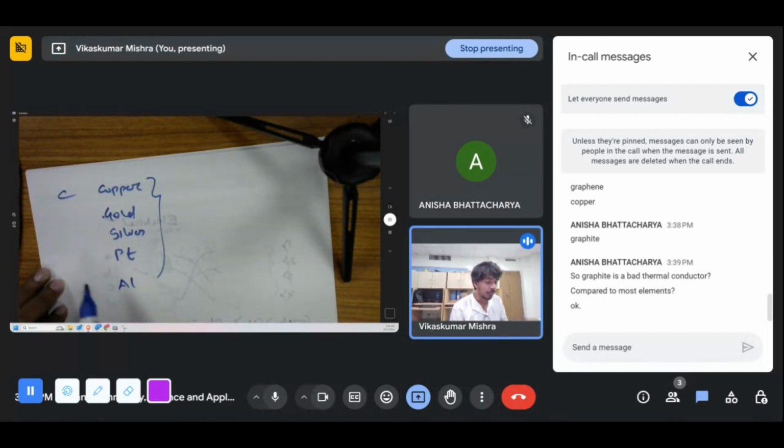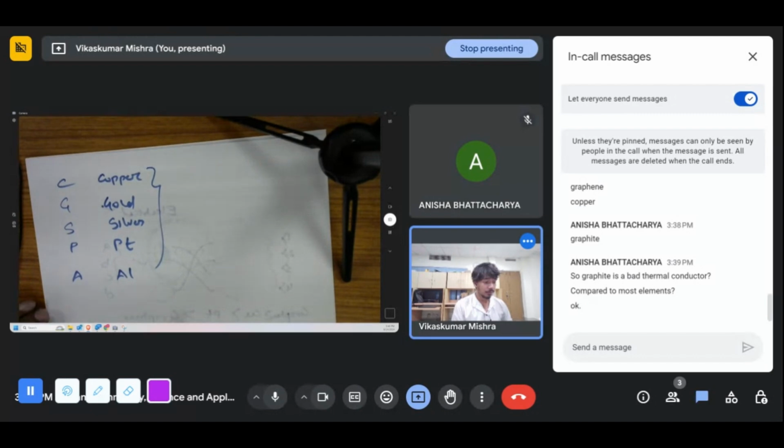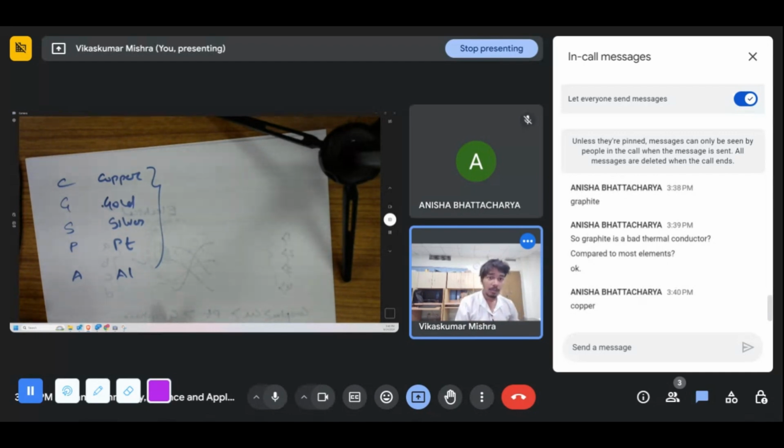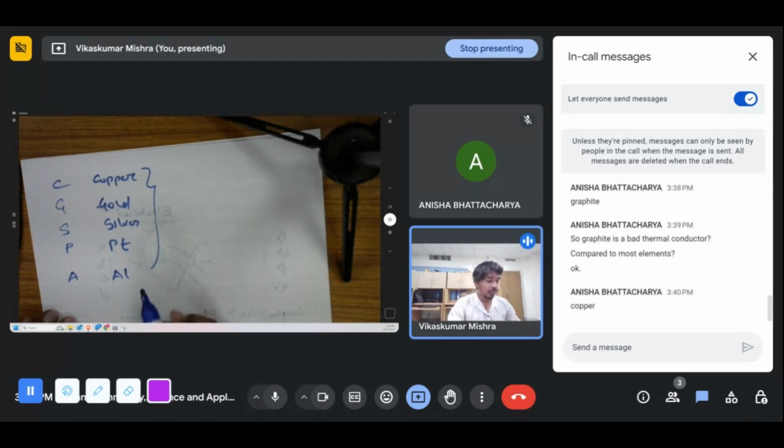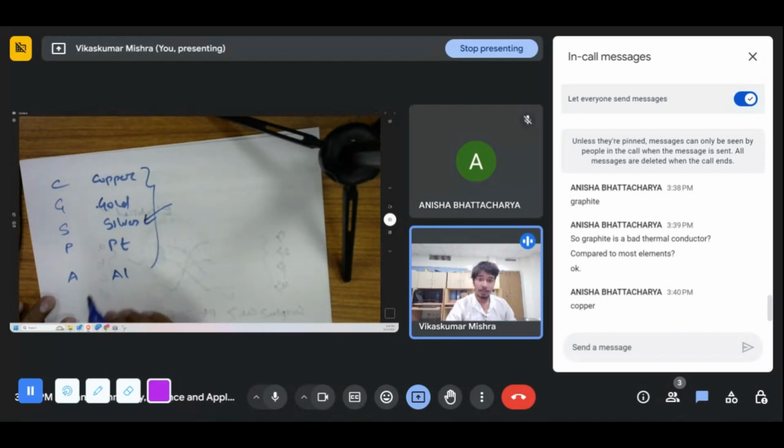So we'll call copper as C, gold as G, silver as L, platinum will be P, and aluminum will be A. Among these, if we have to arrange which one is having the more conductivity, which one will be the first among all of this? The one with the highest conductivity value. The copper. It was surprising to know that even the silver is the one which is having the more conductivity than copper.